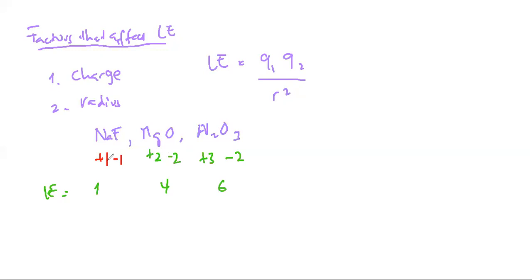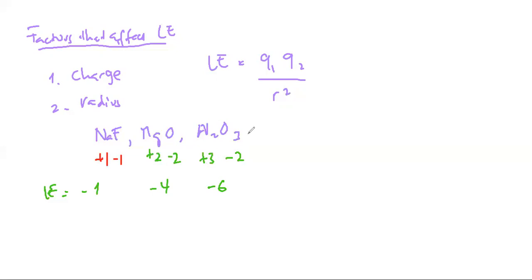Please disregard the sign, as we only need the magnitude. Of course, you can also put -6, -4 and -1. When you consider this, the one that is most negative will have the highest lattice energy.